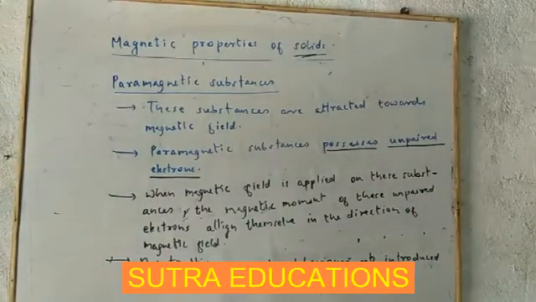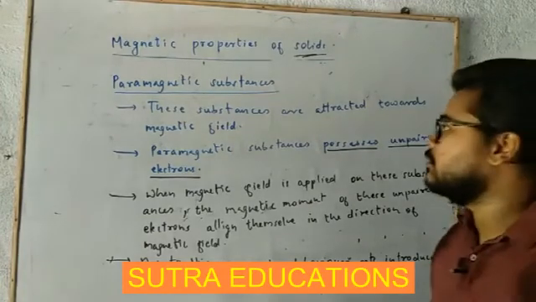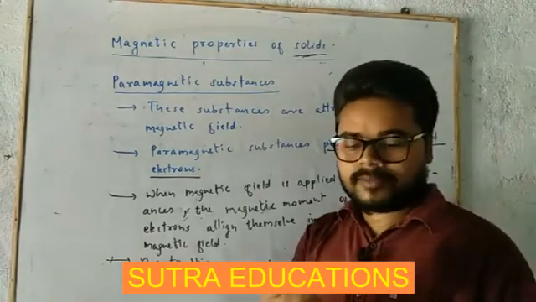I am taking some examples of paramagnetic substances. Say it is cobalt, nickel.